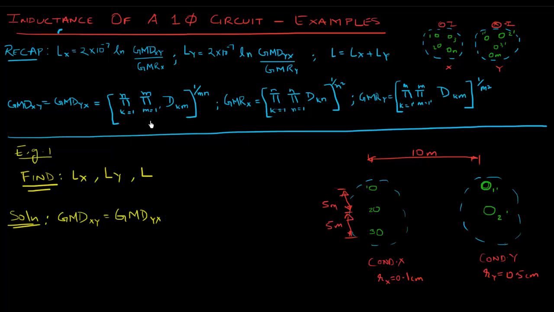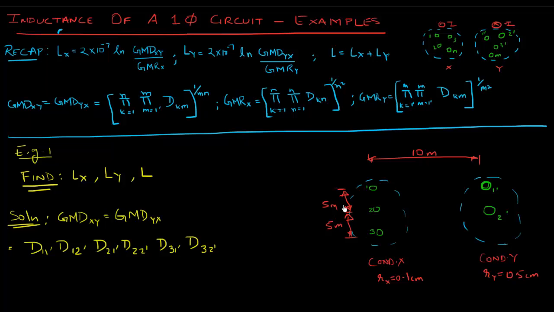We know by this formula that that's the product of the distances from all these strands in conductor X to all these strands in conductor Y. So in essence, that is nothing but d of 1 to 1 prime multiplied by d of 1 to 2 prime, then d of 2 to 1 prime, and then d of 2 to 2 prime, then the distance from strand 3 to 1 prime, and then the distance from strand 3 to 2 prime.